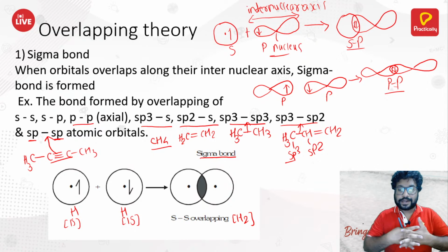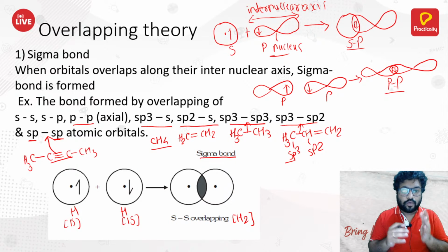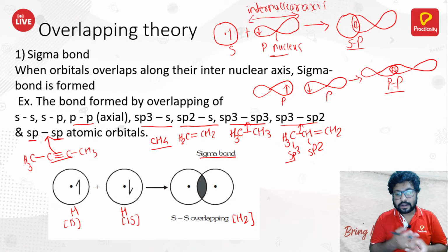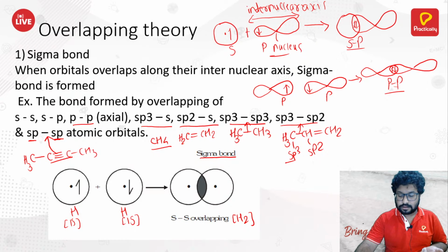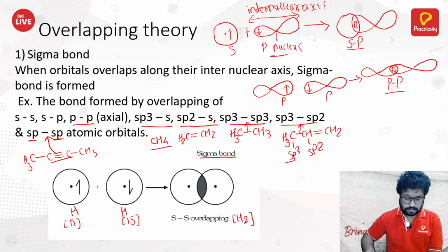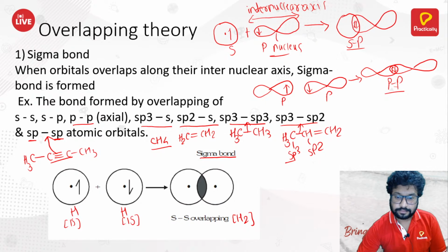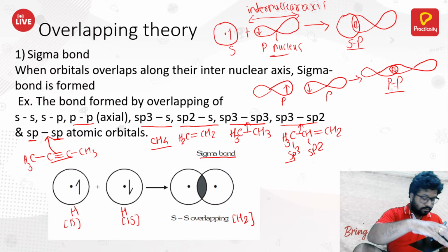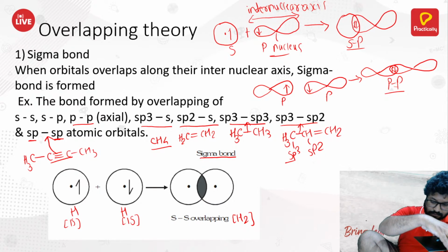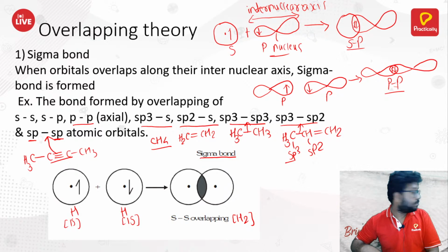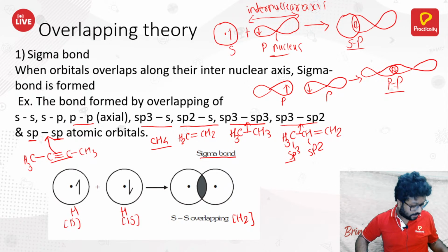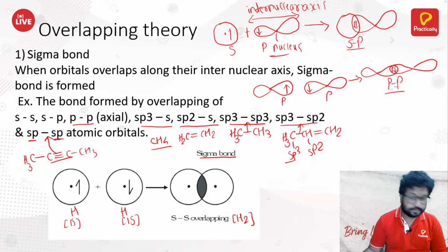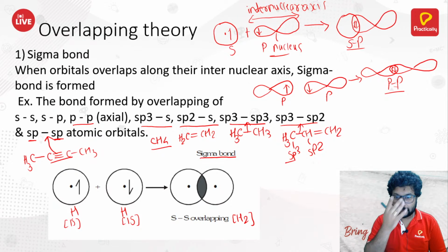We will see that later on. Right now I'm only telling you how many types of sigma bond there are. Okay. Clear everyone here? Chalo, if everyone is clear, let's move ahead now.